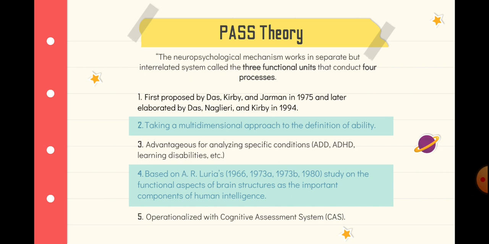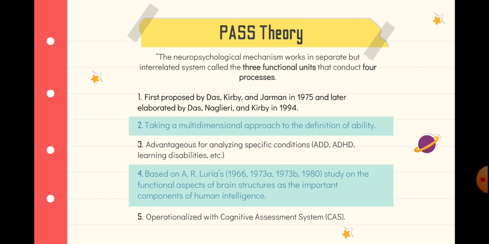So we will discuss later on that intelligence is made up of a lot of processes, which in this theory are four of them. How we analyze the disabilities is that we see how strong their ability is in specific processes that are related to the disability.